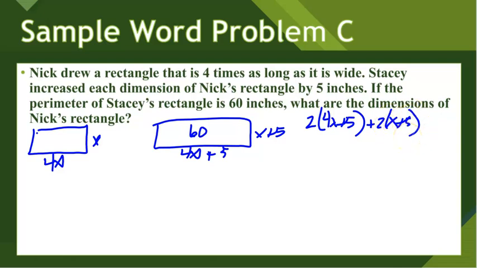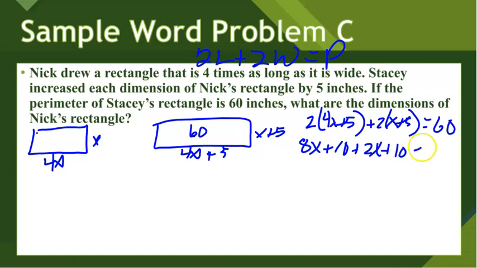Now I'm just using the formula 2L plus 2W equals P. And this is all going to equal 60. So this is 8x plus 10 plus 2x plus 10 equals 60. If I combine like terms, I'm left with 10x plus 20 equals 60.